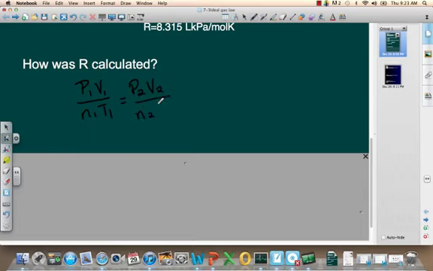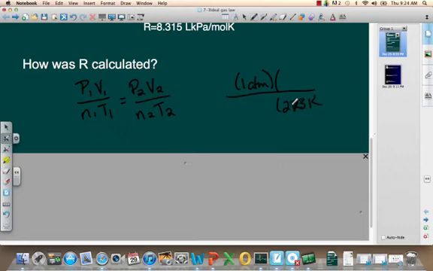Well, we know a few things. We know that at STP, 1 mole of a gas is 22.4 liters. So let's say that we are at STP. If we are at standard temperature and pressure, just looking at one side of the equation right here, we are at 1 atmosphere. We are also at the standard temperature, which is 273 Kelvin.